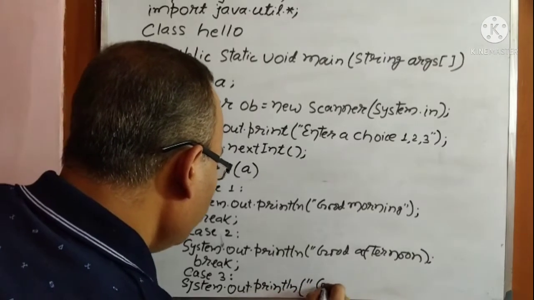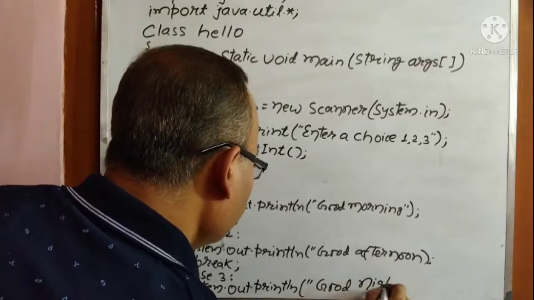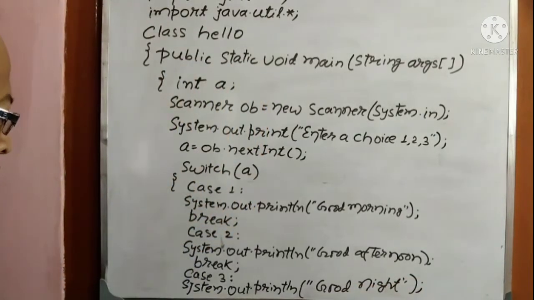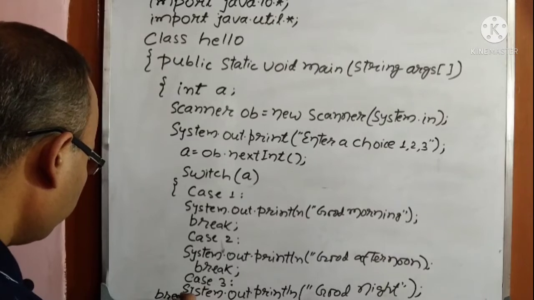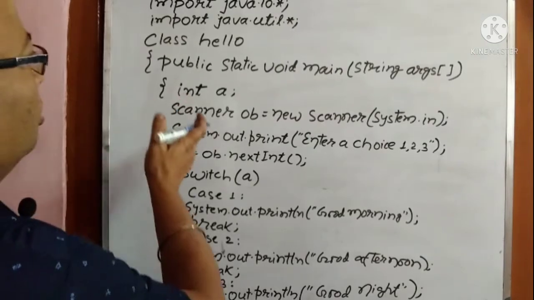I am printing good night. Is it clear? Then what you have to use? Here you have to write break. Okay, I will write break over here, break, and put a semicolon. Okay, jot it down.